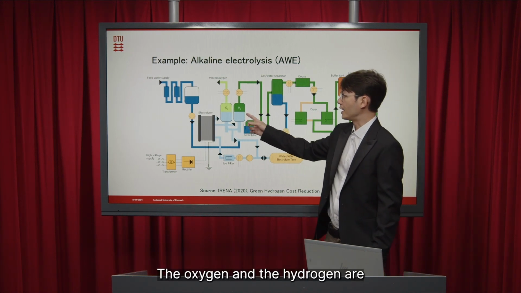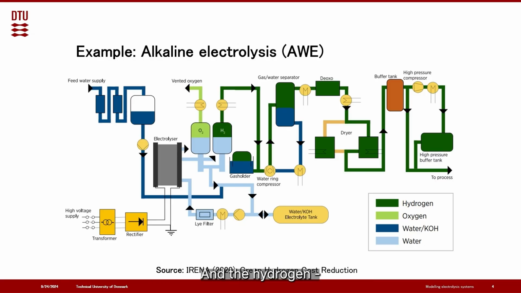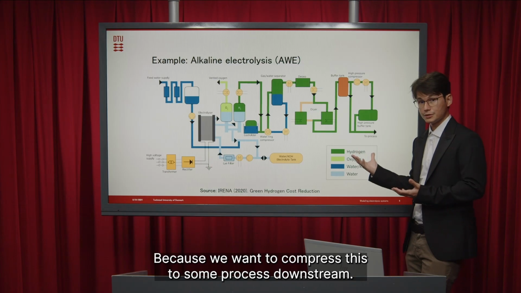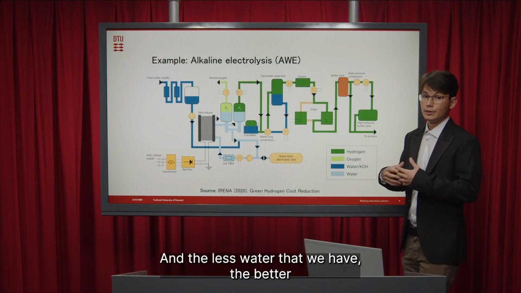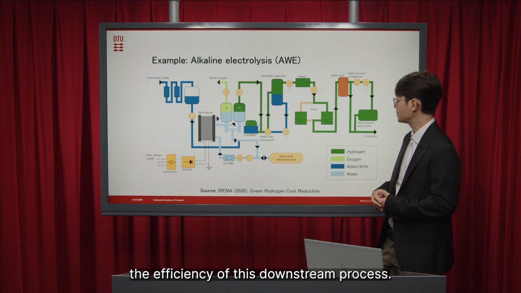The oxygen and the hydrogen are then separated in different vessels, and the hydrogen, which is what we are interested in, goes through steps of water separation, removal of oxygen, and removal of the minor water vapor that we have there, because we want to compress this for some process downstream. And the less water that we have, the better the efficiency of this downstream process.